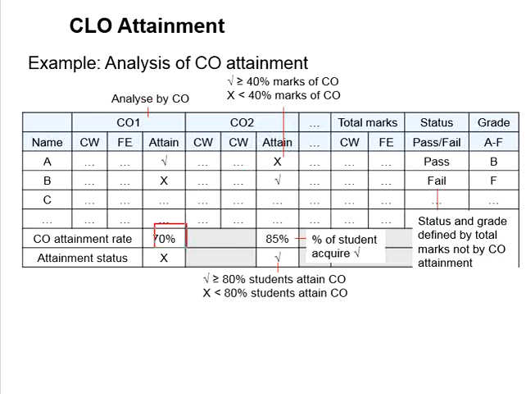Now, if this CO attainment rate is less than 80%, that means that particular CO is not attained by that particular course. When it is more than 80%, then we will know that this CO is attained by the course.